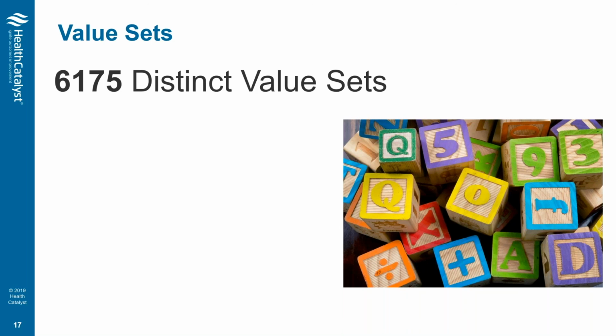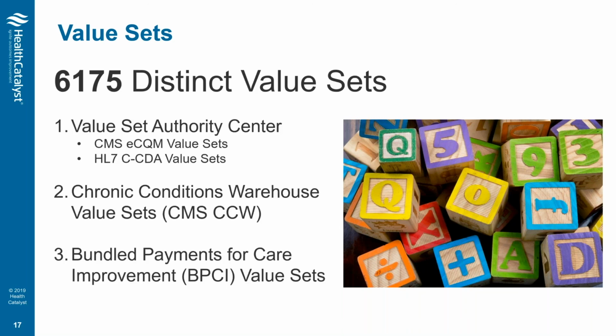Those value sets are sourced from the Value Set Authority Center, for example, which has a large number of value sets available from CMS and HL7. CMS defines the Chronic Conditions Warehouse, and these are value sets that define chronic conditions. You'll hear a little bit more about that in just a bit. Our platform also includes Bundled Payments for Care Improvement, or BPCI, value sets. So just a host of these value sets that then become the building blocks for building more sophisticated queries.